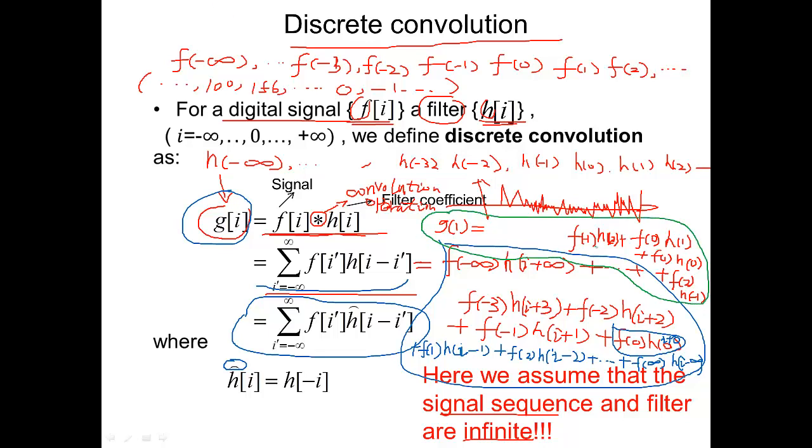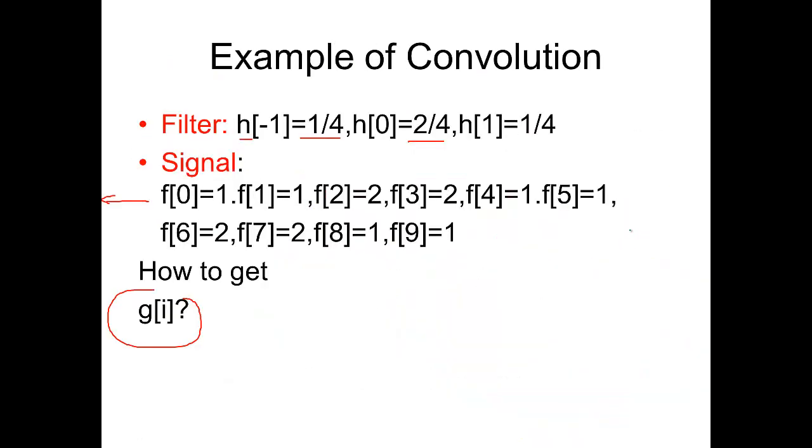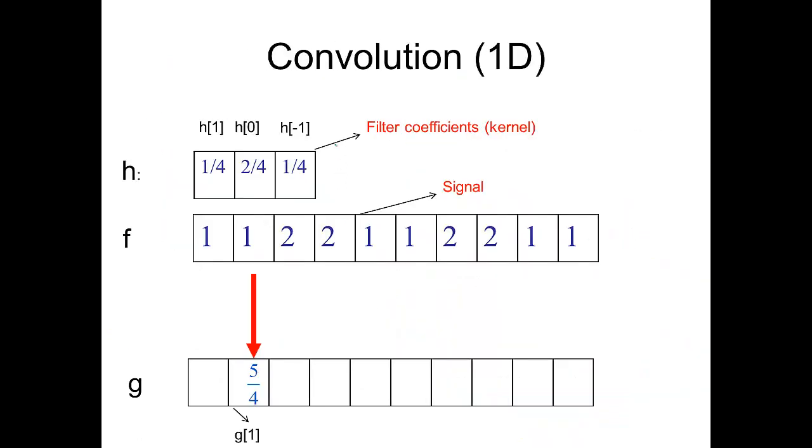See here, f negative 1, f0, f1, f2. The f goes from negative to positive, but h goes from 2, 1, 0, negative 1, from positive to negative. That means h and f have different directions. When you do the convolution, first we arrange h from the positive to the negative direction, but for f, we go from the negative to the positive direction.